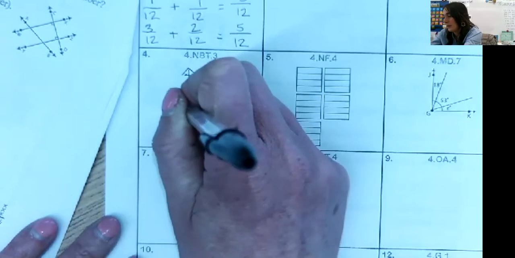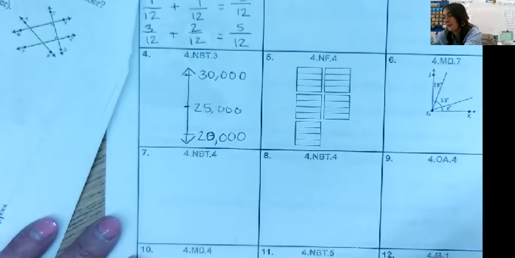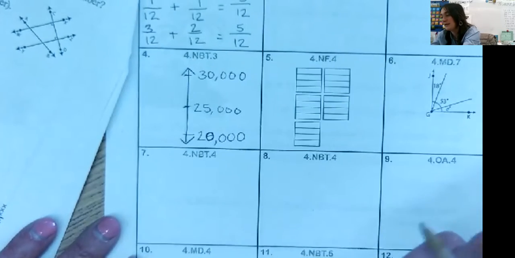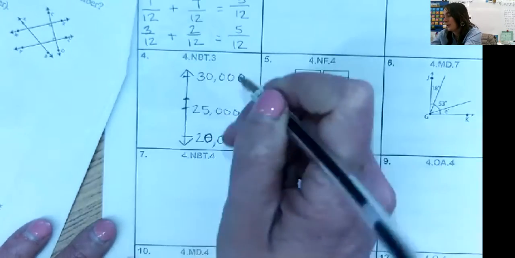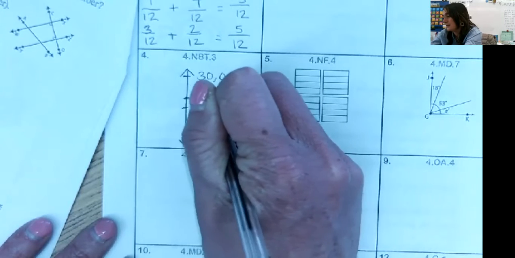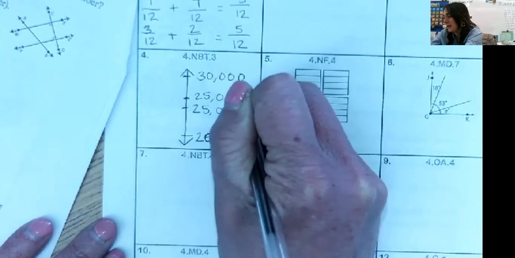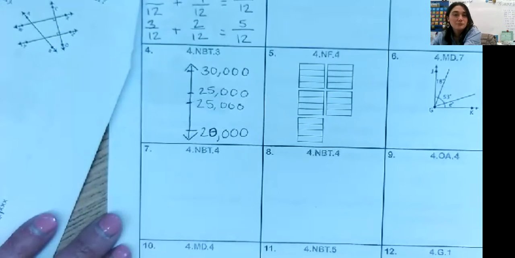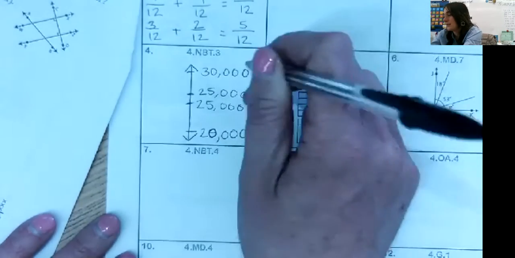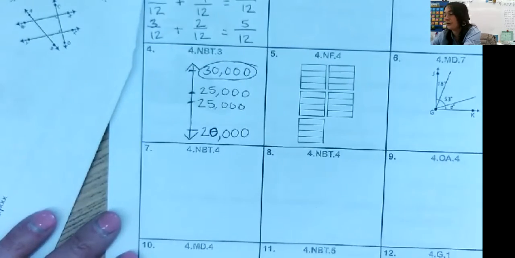Our halfway point is 25,000. And I can see that my number, 25,679, sits in between my midway and my top endpoint. So since it's between these 2 numbers, I know that my number rounds to 30,000.